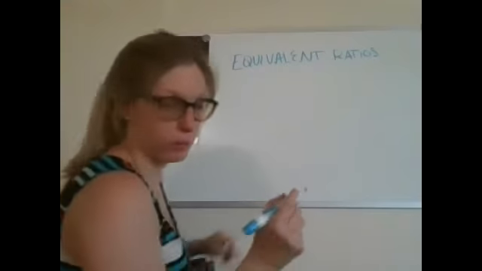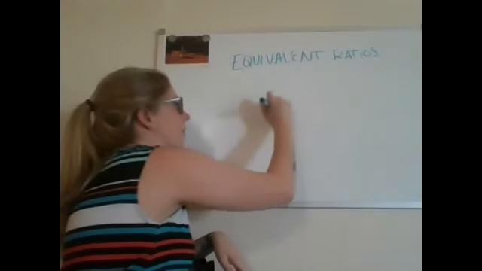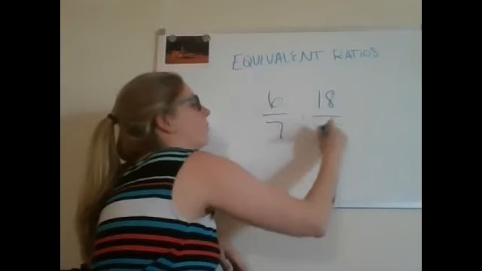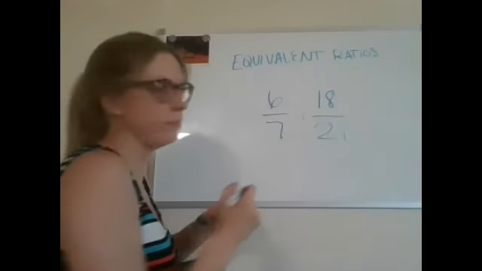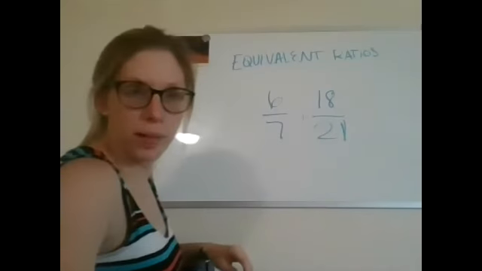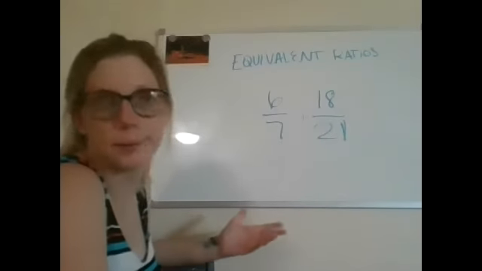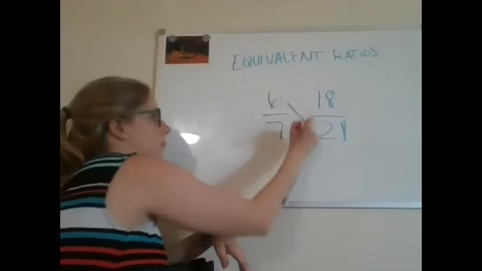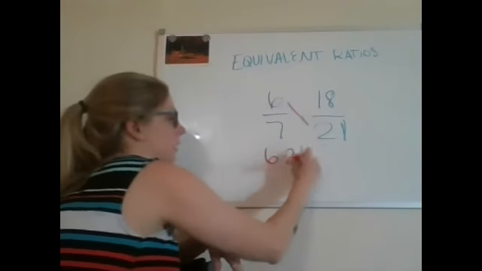Let's see if this forms a proportion. I have 6/7 and 18/21. Cross multiply, or find a cross product, it's the same thing. So 6 times 21.